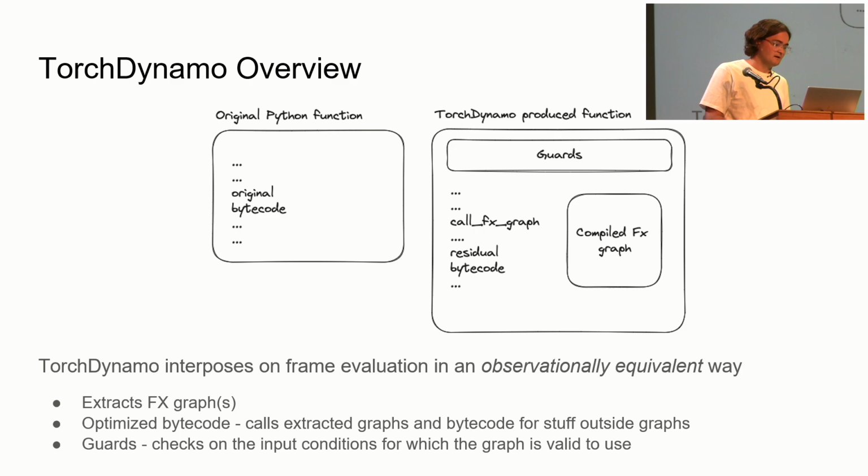You see the original bytecode has been modified to call the FX graph, which is our compiled artifact. And then finally, we have the residual bytecode, which does a couple of things. One, if we had a graph break and we had to fall back to Python for some reason, that will be the invocation of the continuation function to fall back to Python.